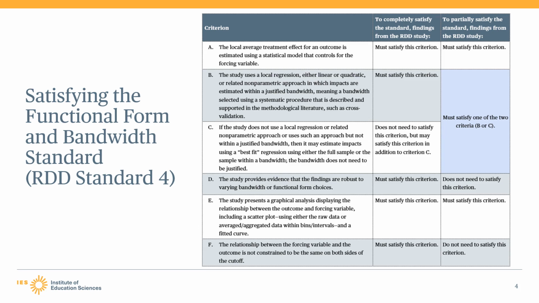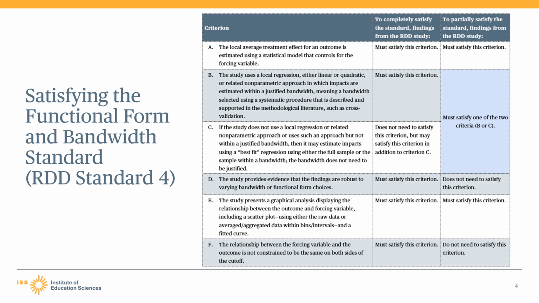The study finding must estimate a local average treatment effect using a model that controls for the forcing variable, use a local regression within a justified bandwidth, provide evidence that the findings are robust to varying bandwidth choices, include graphical analysis displaying the relationship between the outcome or forcing variable and an appropriately fitted curve, and not constrain the relationship between the forcing variable and the outcome to be the same on both sides of the cutoff.